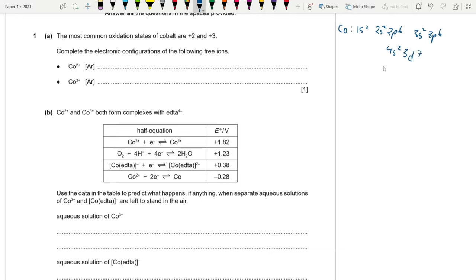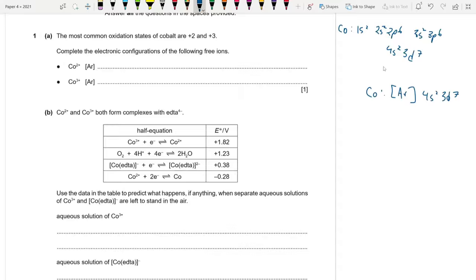That's cobalt. Now the electronic configuration for argon is 1s2, 2s2, 2p6, 3s2, 3p6. That's argon, right? So it can be written as argon followed by 4s2, 3d7. This is the electronic configuration for cobalt.